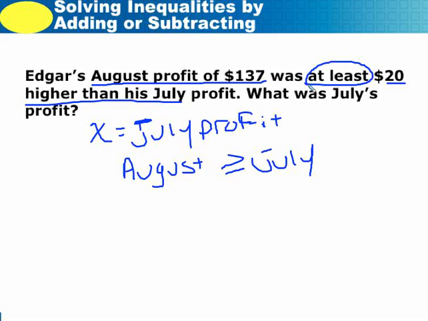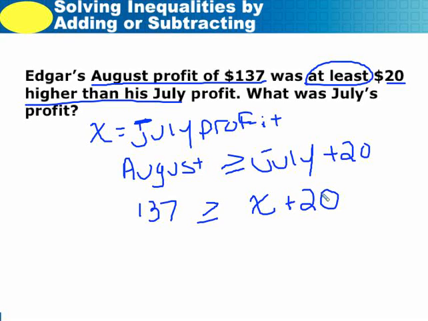So we know that July plus 20 would bring me as close to August as possible, because August was at least $20 higher than July. So I know what August was. I know that I don't know what July is, but I know that if I add 20 to that, I will figure out what July's profit could possibly be.